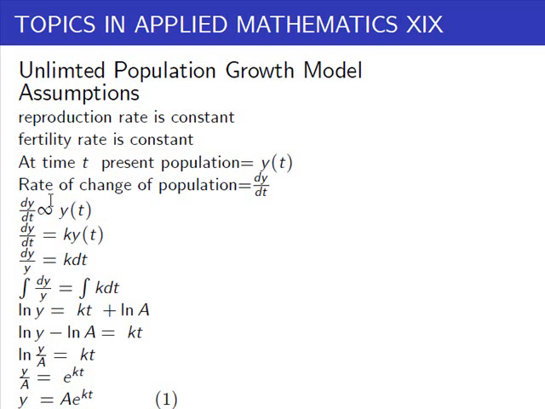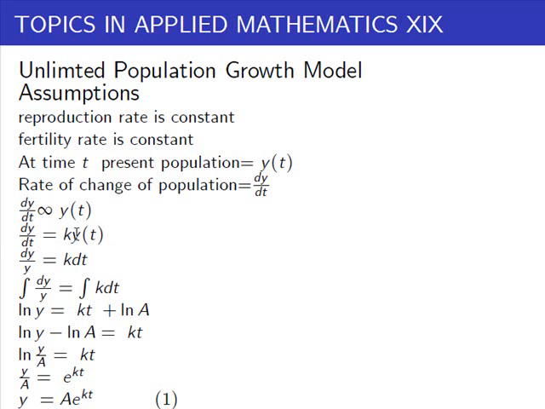We use this law: the rate of change of the population is directly proportional to the population at present time. So dy over dt is equal to k y(t). We drop the proportional sign and place an equal sign, where k is a constant.